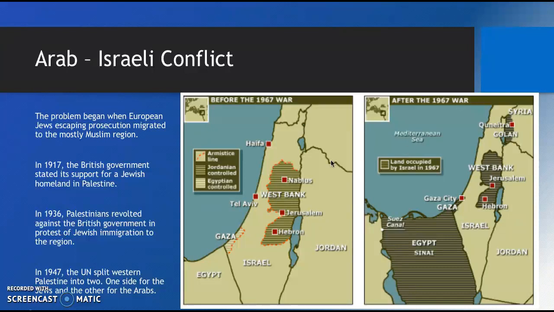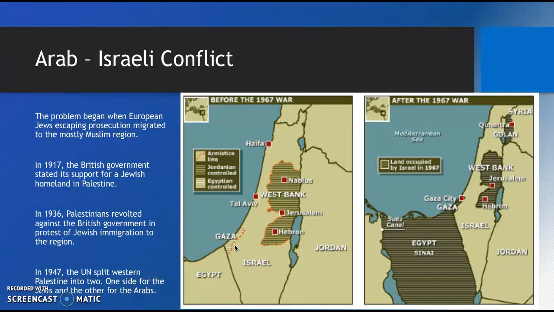This graphic right here shows the before and after effects of the Six-Day War. This was a brief war that took place in 1967. It really just shows land that Israel was able to gain because of this war. You can see over here, all of this right here was Jordanian controlled.